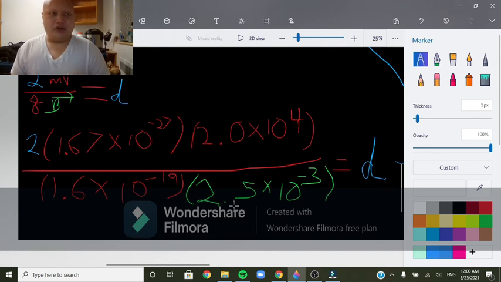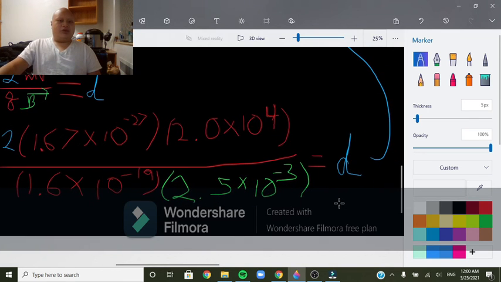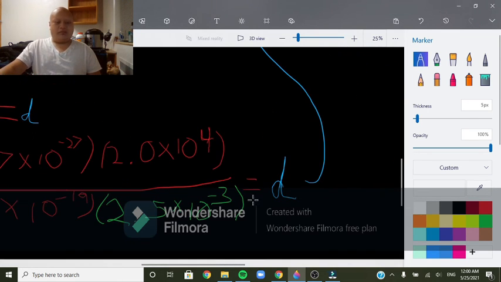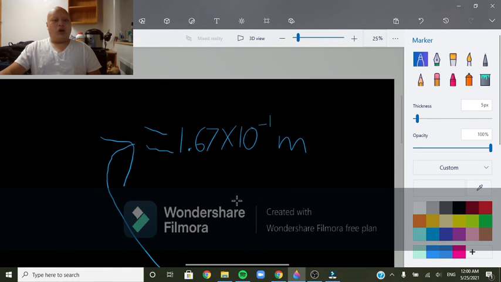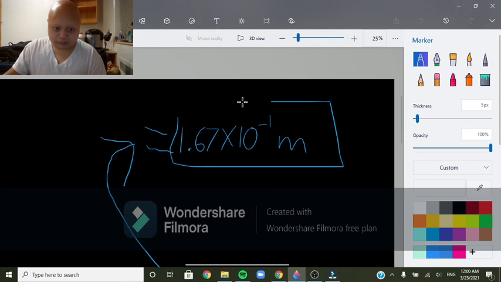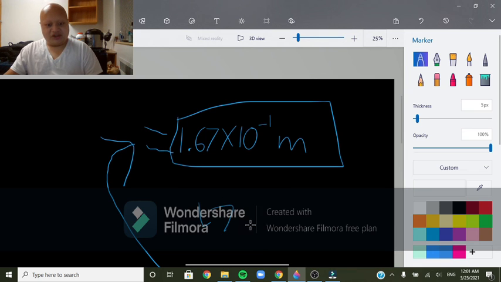It's given as 2.5 milliteslas, but you have to convert to the SI base unit. Anyways, you should get an answer of about 1.67 times 10 to the negative 1 meters, or just 17 centimeters.